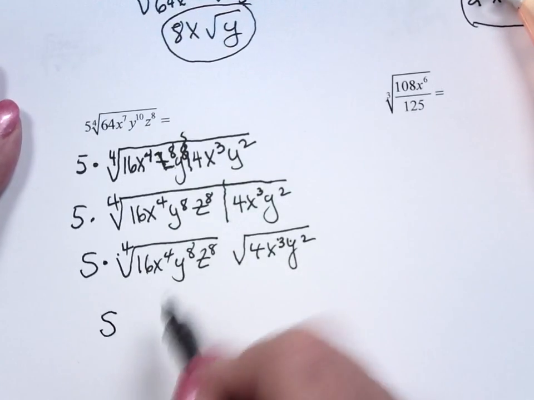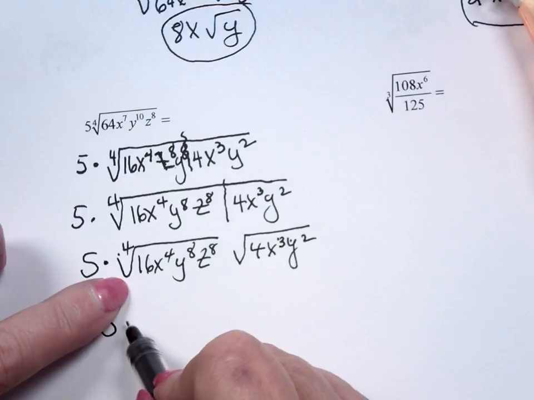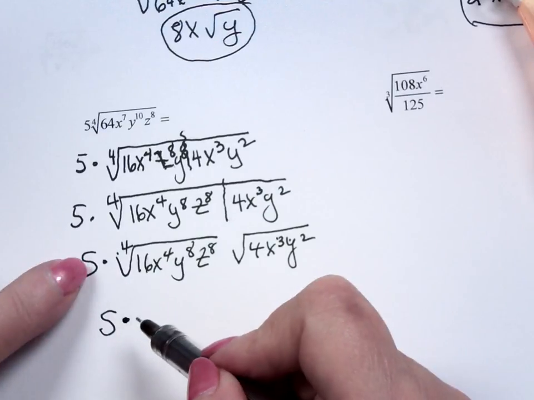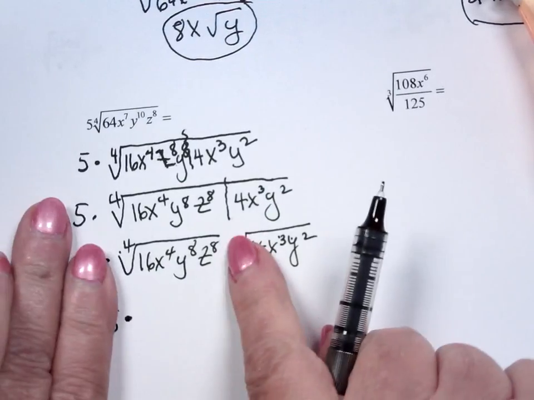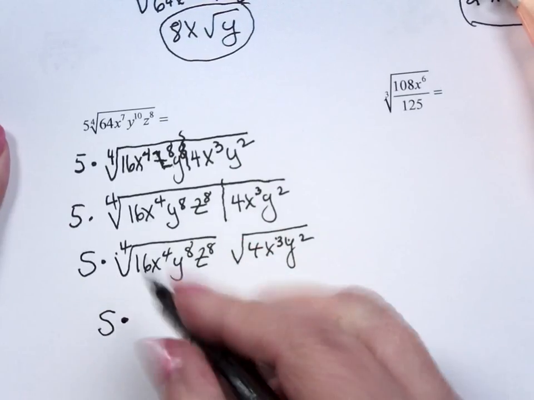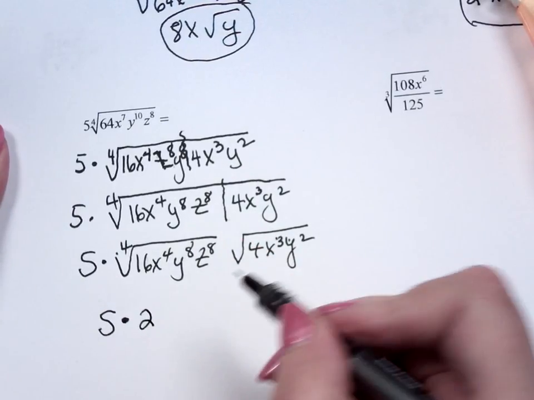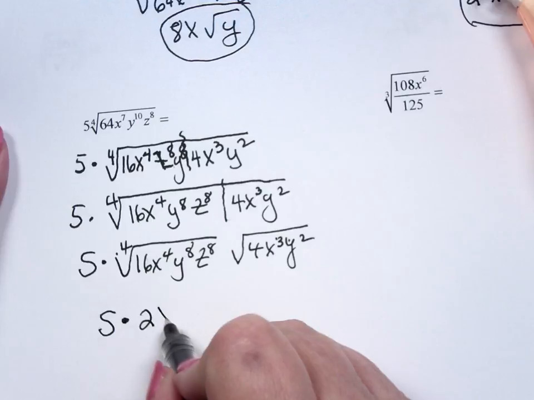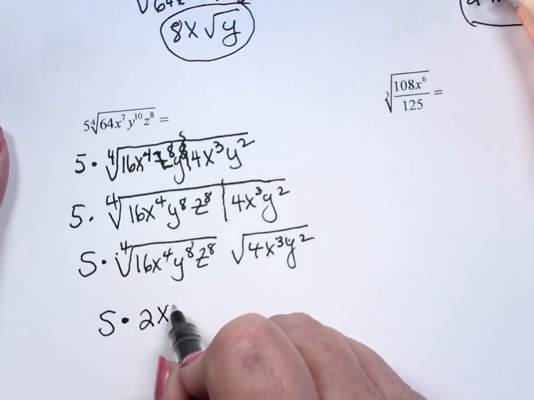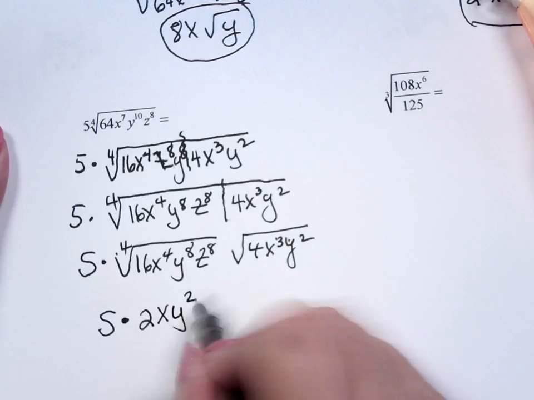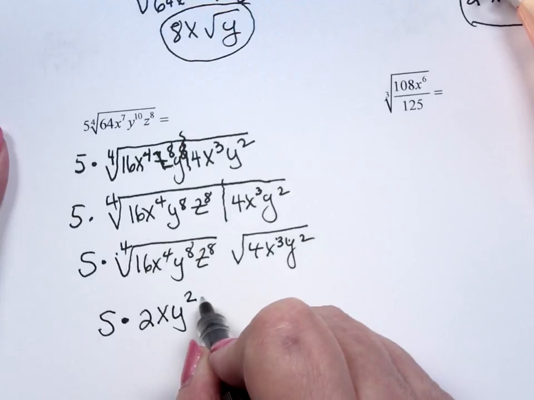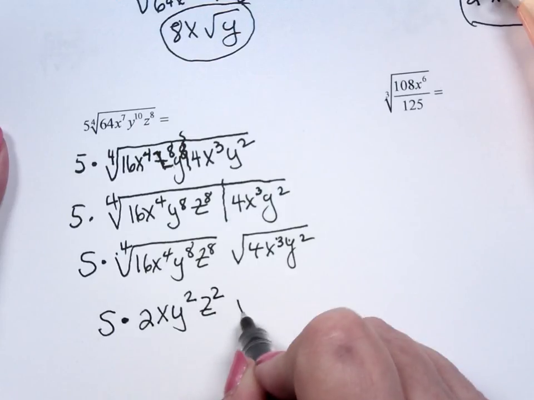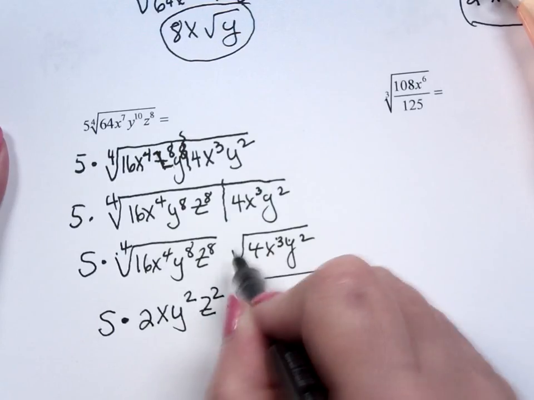Now, if I take the fourth root of 16, it is? 2. So it's 5 times whatever comes out of this, which is 2. Fourth root of x to the fourth is? Y to the eighth is? Z to the eighth is? And then I've got this radical left over, so this is all times.